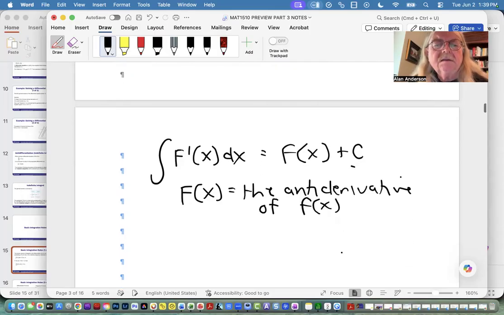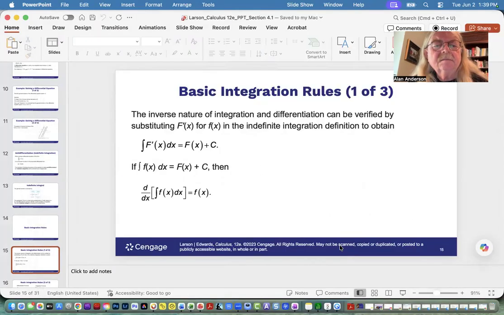Okay. So basically, all they're telling you here is that integrating and differentiating are inverses of each other. In other words, they bring us back to the same function.